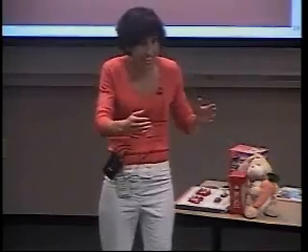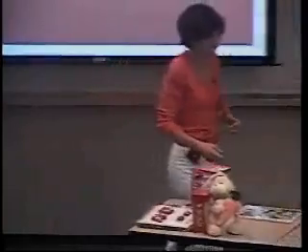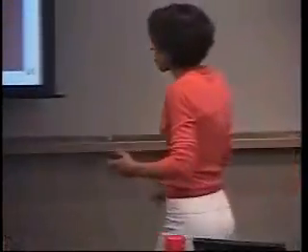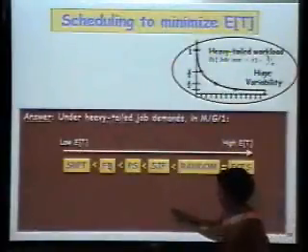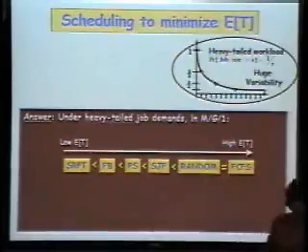Once it's used 20 seconds, it has probably half a chance of using another 20 seconds, okay? That is your decreasing hazard rate. That's what we're talking about. And distributions like that, which tend to be most jobs, have this property that this kind of policy is very close to SRPT, and that's based on some work done at Berkeley that proved this, by Rhonda Righter.